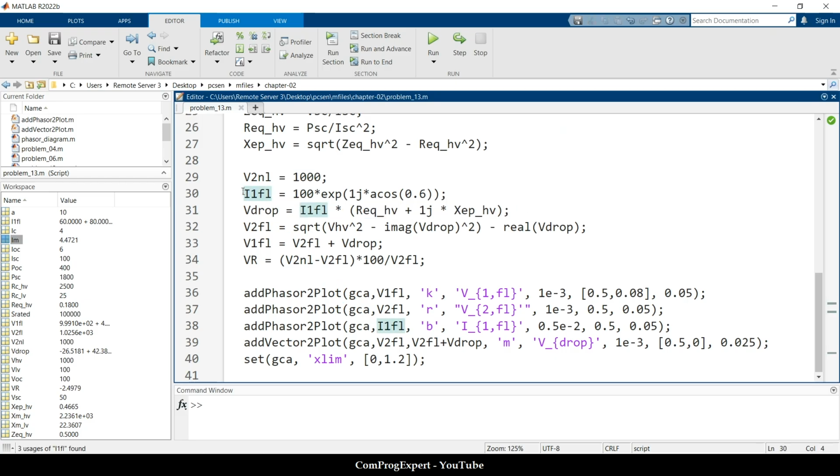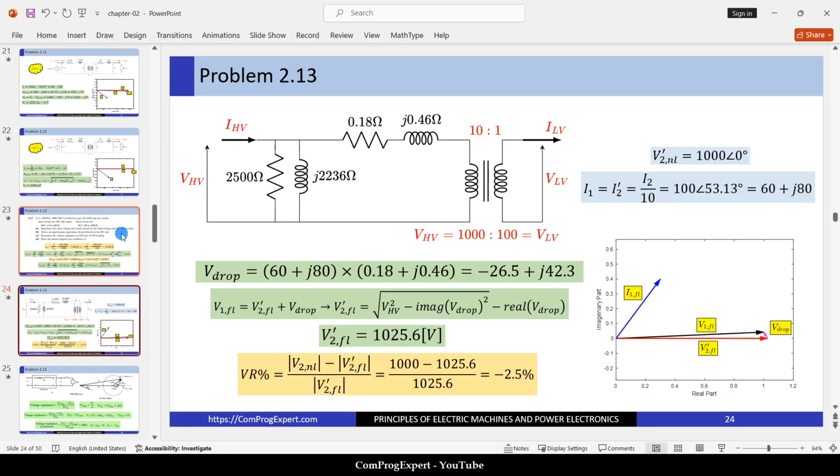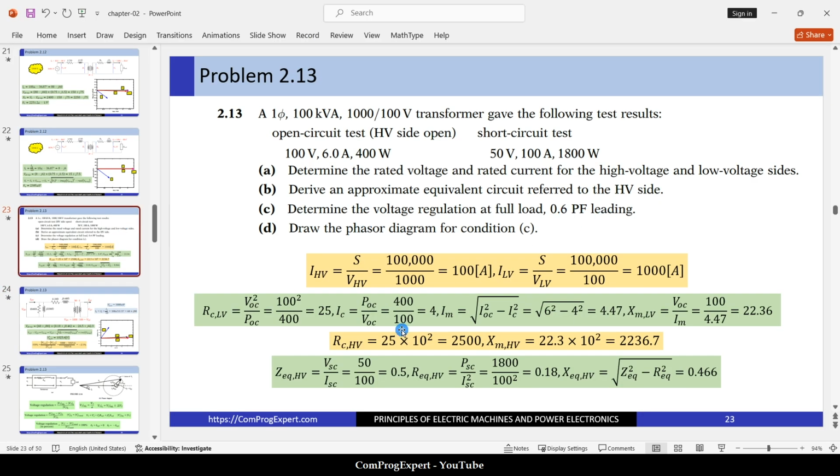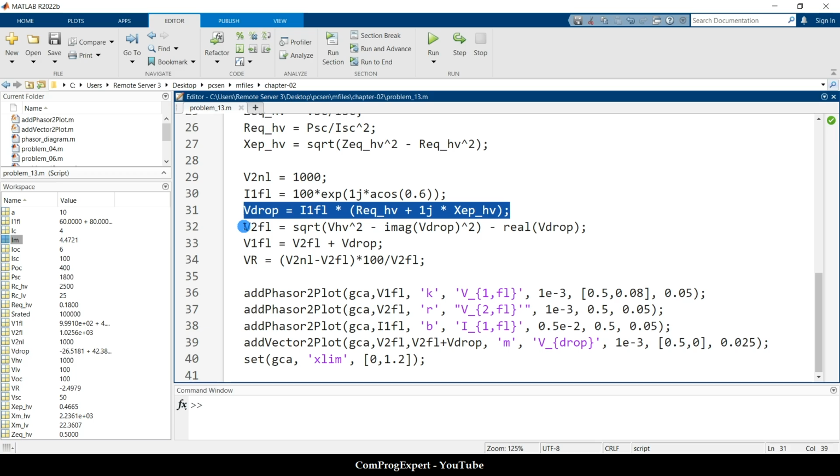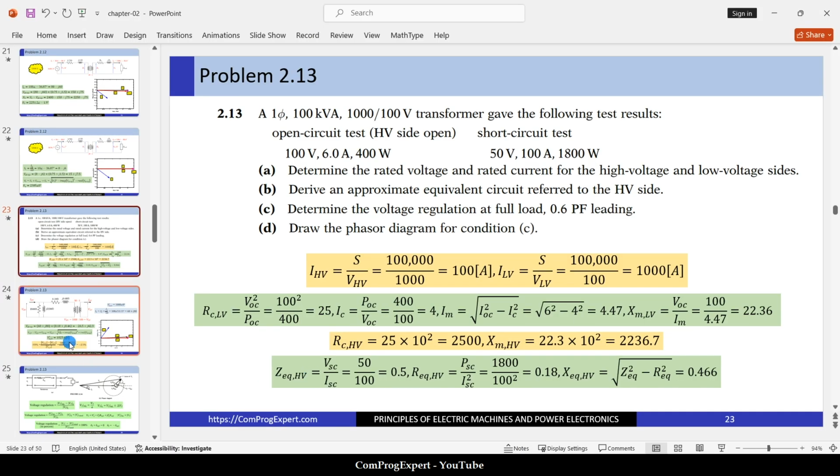This is the value of the current I1 full load, 100 amps, times this one. The power factor is leading. The load is capacitive. So this is the value of the voltage drop, and this is the value of V2 for full load condition.